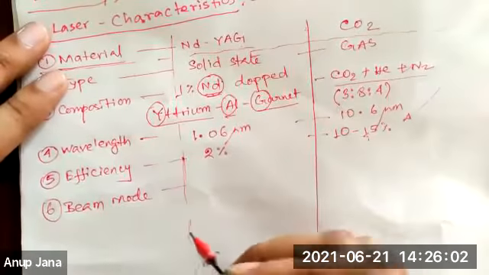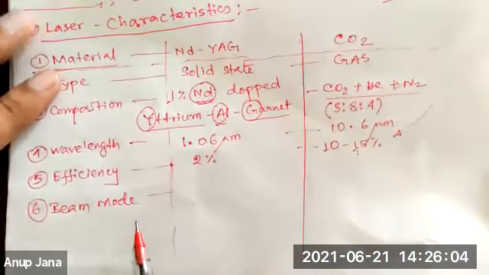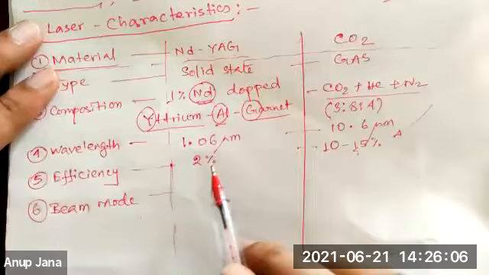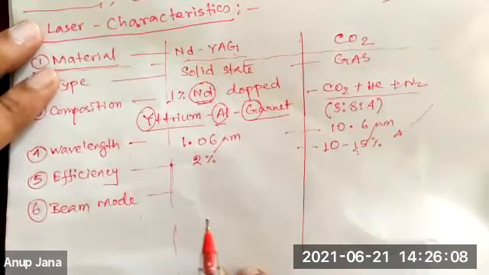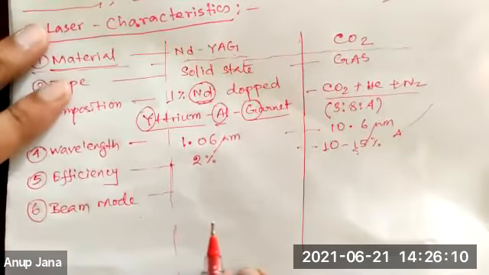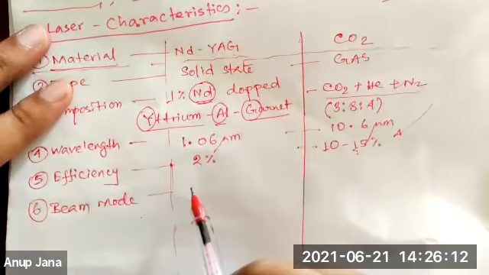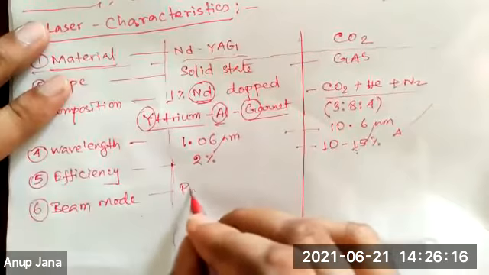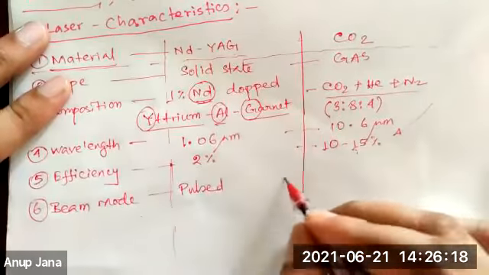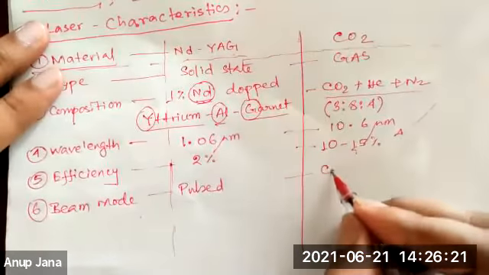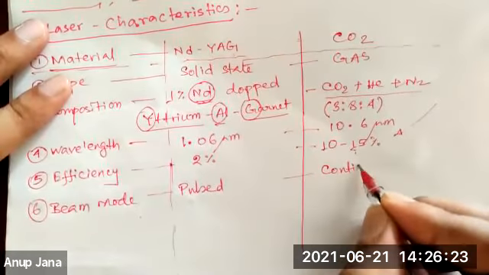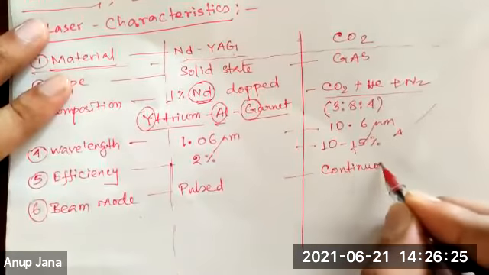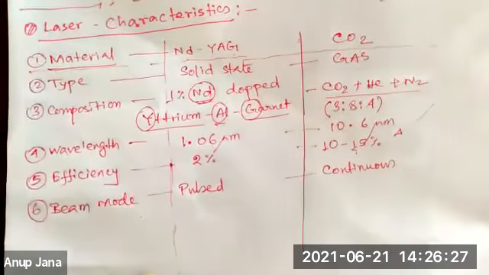And this beam mode also is a factor which influences efficiency. Okay, so Nd:YAG lasers are pulsed, whereas CO2 is continuous.